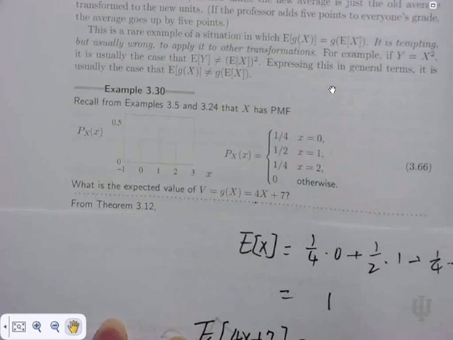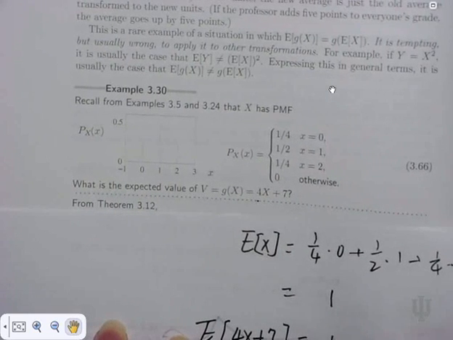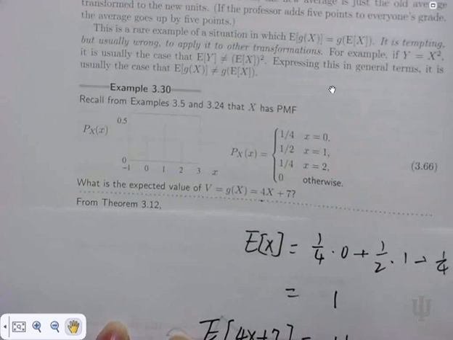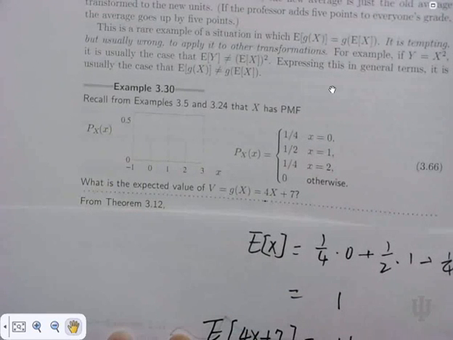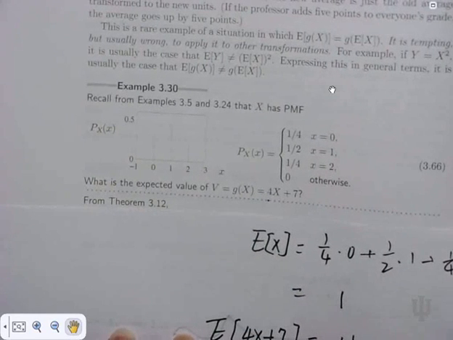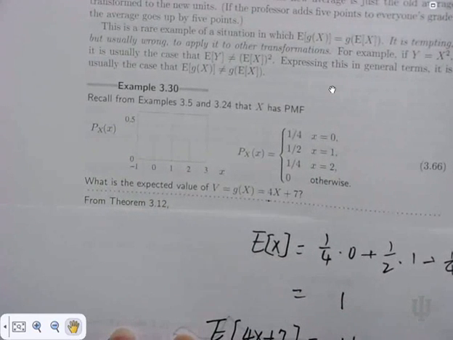Someone said 11. Why? Because this is ax plus b, linear.